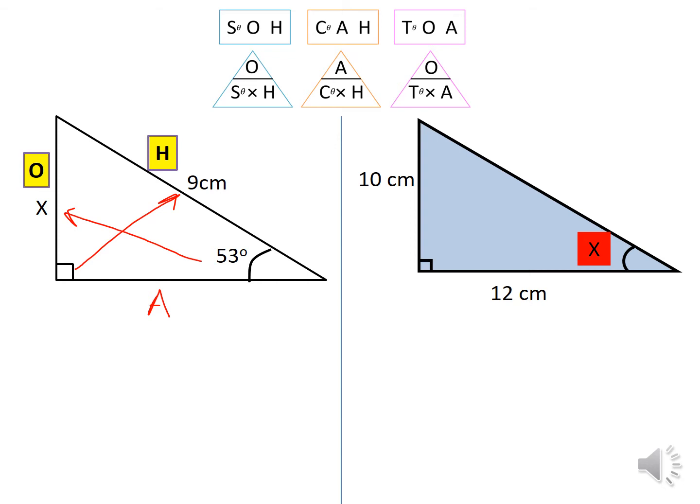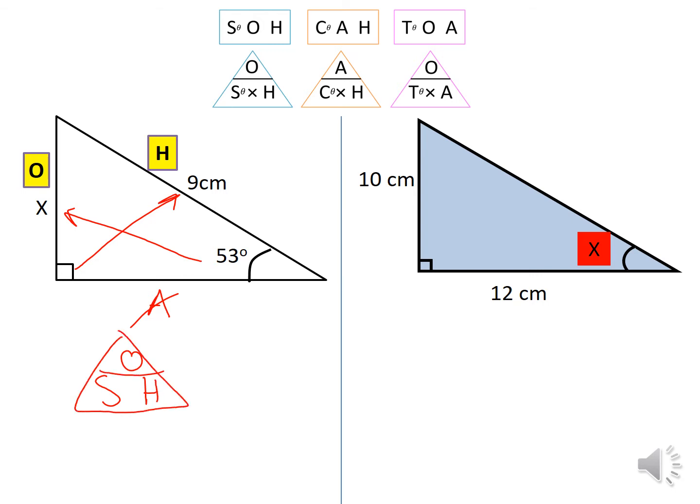We don't need the adjacent because it doesn't have a missing length or a value on it, so we need the opposite and hypotenuse. And if you had to select which one of the 3 trigonometry ratio formulas has opposite and hypotenuse, it is the sine formula. So you're going to choose sine.